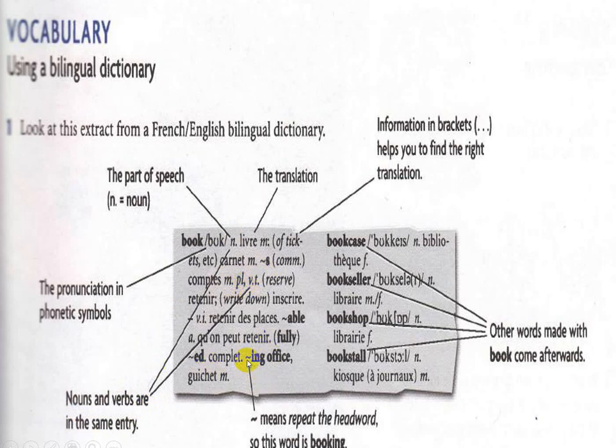Okay, here hyphen ing, it's something like a hyphen لكن هيجي بها مائلة, means repeat the head word. So this word is booking. ما يحتاج إنه كل شوية يخلون كلمة book مثلا book for noun, book for verb or booking or booked. فيخلوا لكم هاي العلامة means repeating the head word. شنو الهيد وورد هنا book.